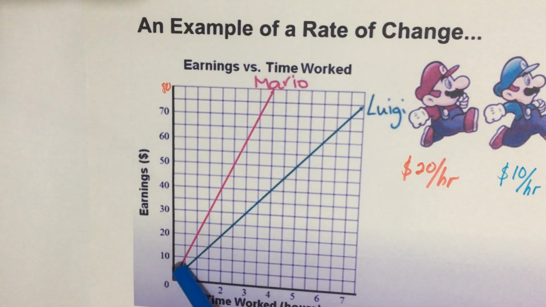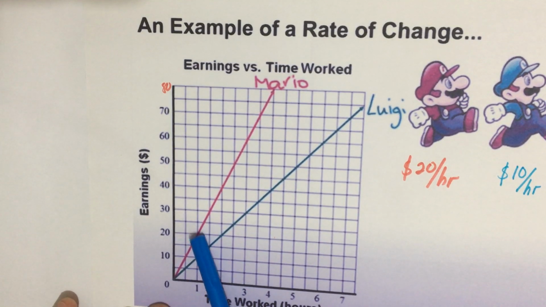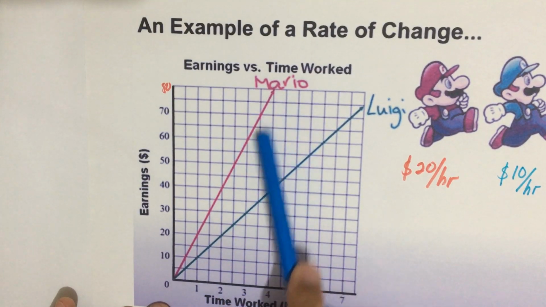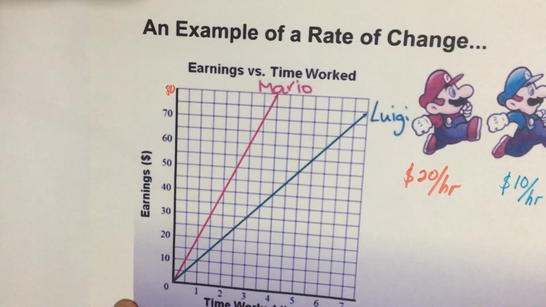In this graph, we can easily see what is the corresponding earnings every hour. Okay, but there are times that it's not easy to find the corresponding rate of change for a given graph.